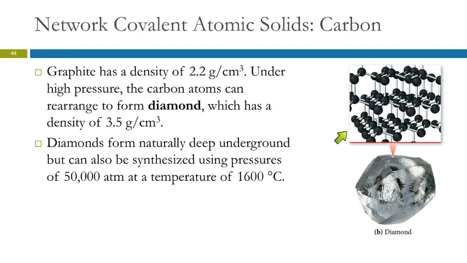So a diamond now is also a network covalent atomic solid consisting just of carbon, but now the covalent bonds extend in 3 dimensions. So the diamond has a higher density. The carbon atoms are closer together now. They're all covalently bonded.